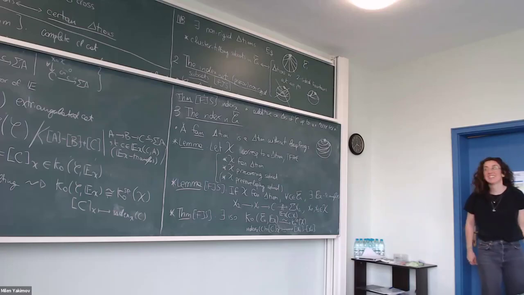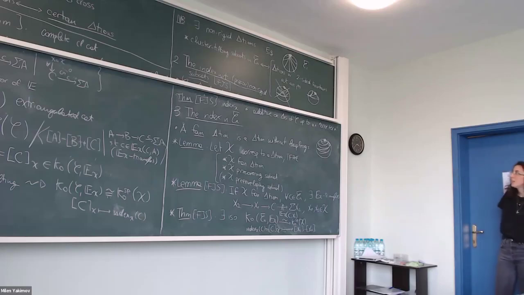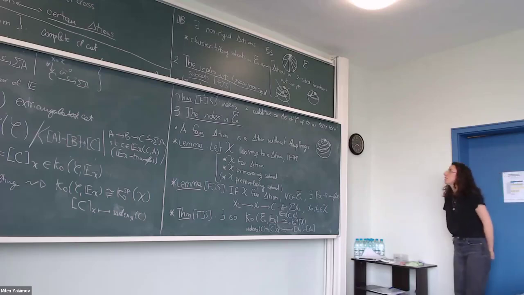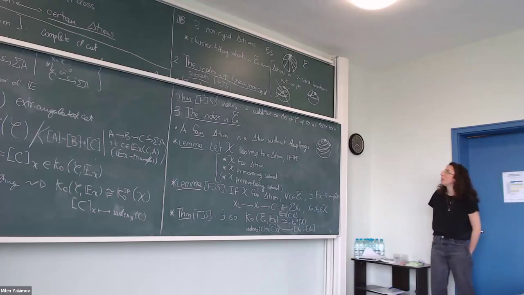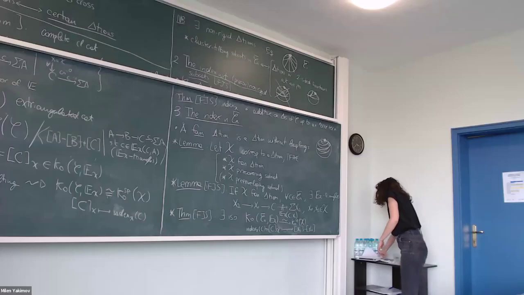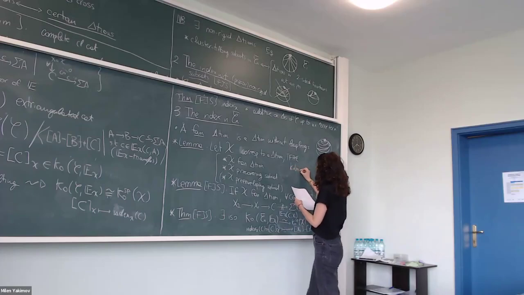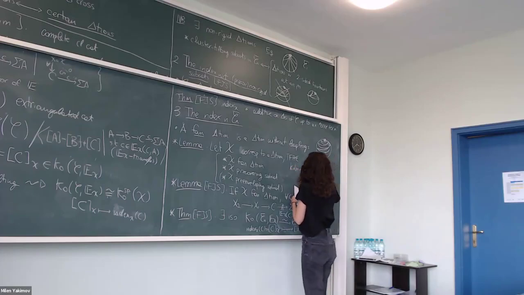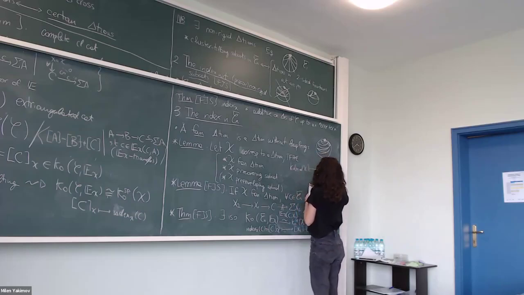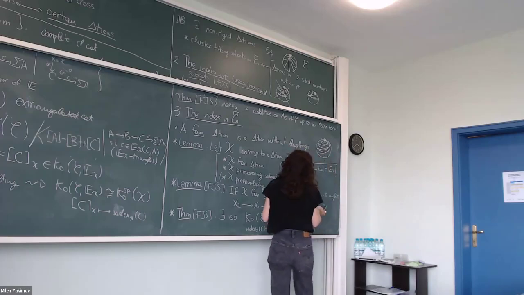Maybe can you say something about the error term? Does it somehow measure how far? So you can build a homomorphism between K0 mod X and this Grothendieck group, some functor of some sort.